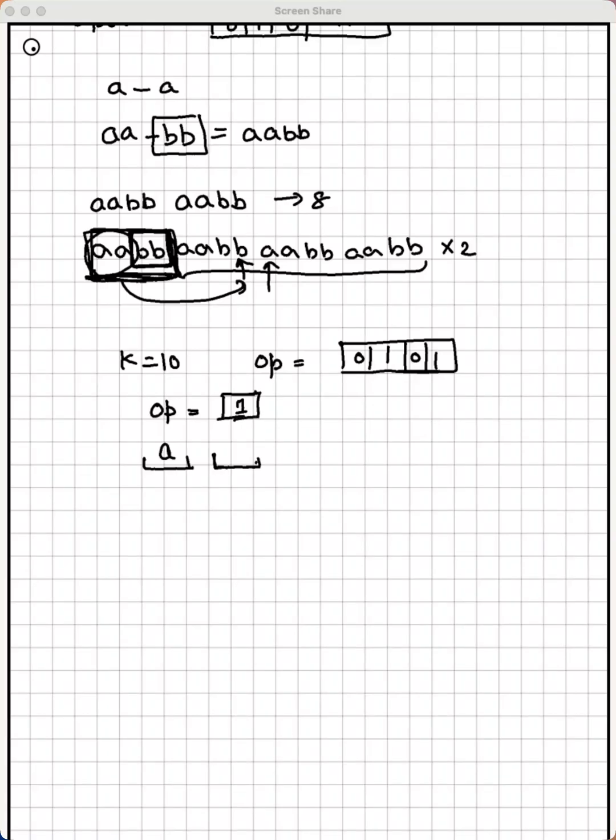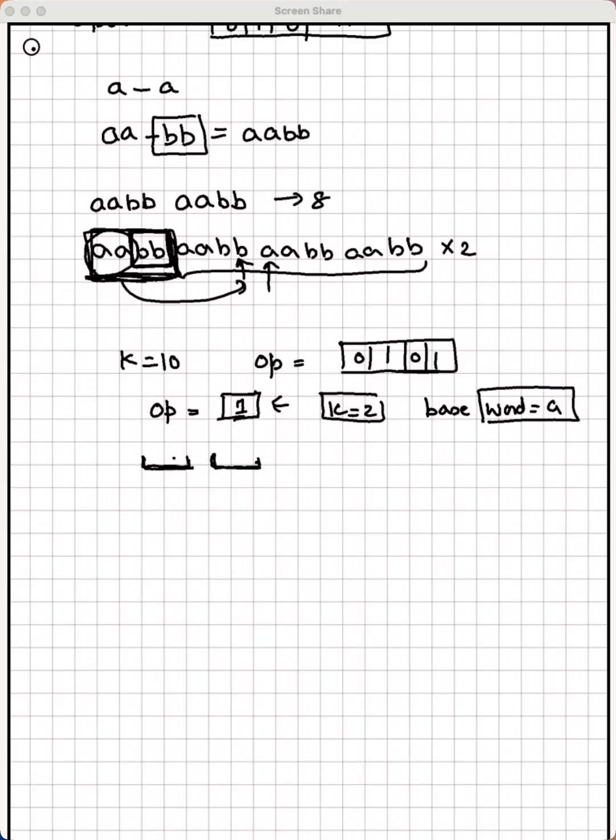My output is 2 characters long. That's all I have. But I don't know what this output is. But there are 2 things I know. I know that this is 1. I know my k is equal to 2, and I know that my base value word always starts with A.